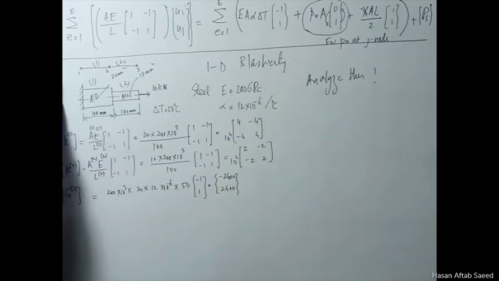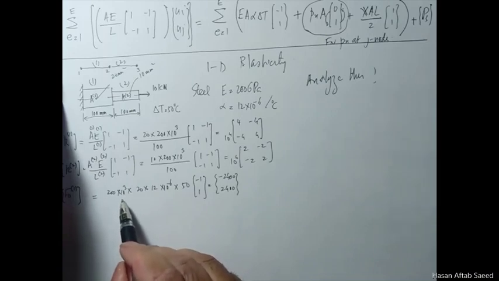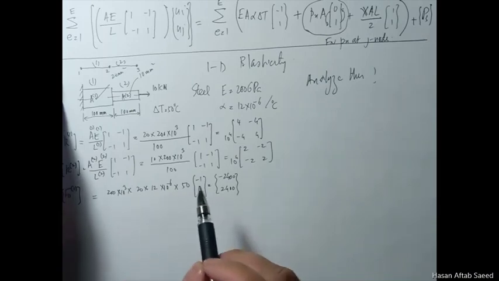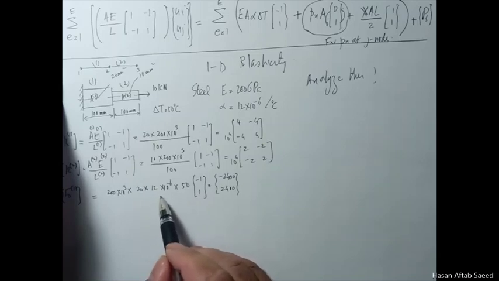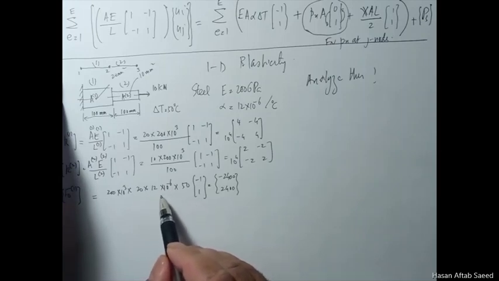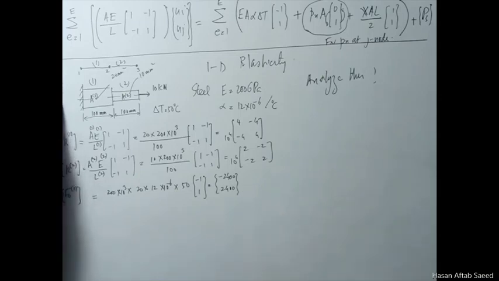They'll be in newtons because we have used Newton per square millimeter. This is square millimeter, and this is dimensionless. This is with respect to temperature. This is not dimensionless. This is basically per degree centigrade, and this is in centigrade, so they cancel out. So basically, you get newtons.